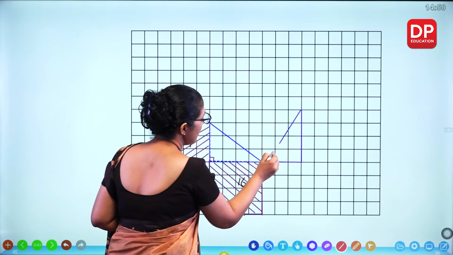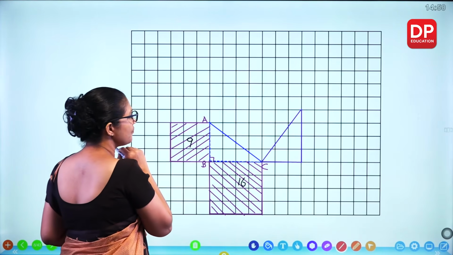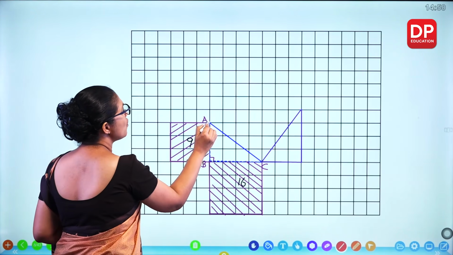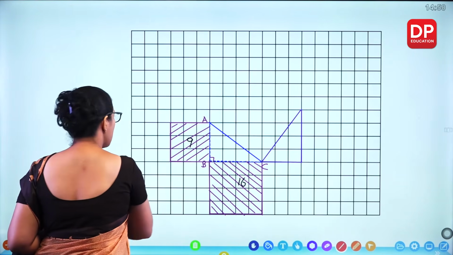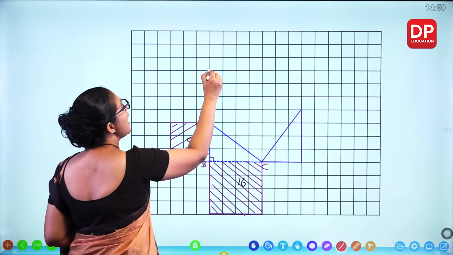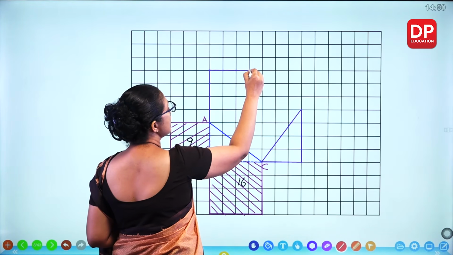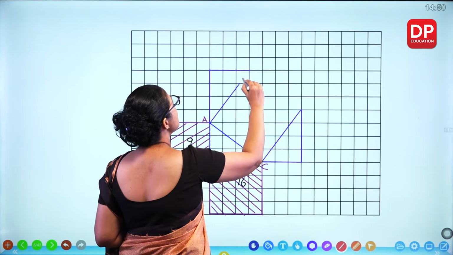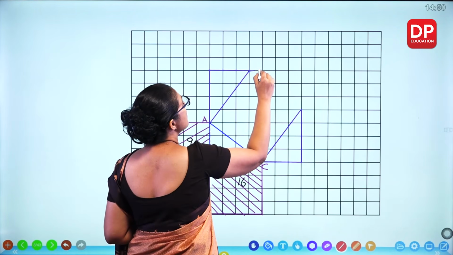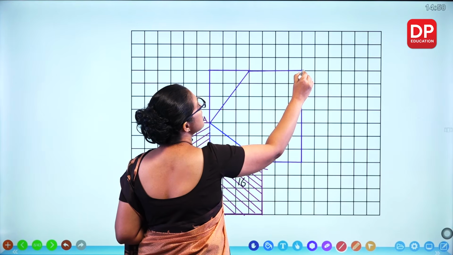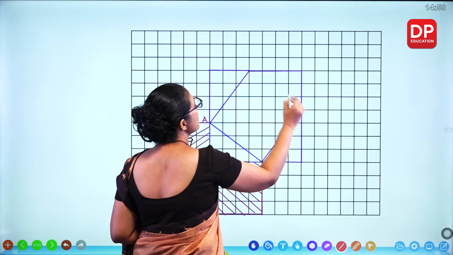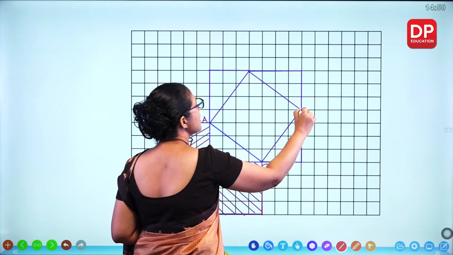And draw this line. Here, 3 there, I'm going 4 squares up, 1, 2, 3, 4, and 3 squares here. Then connect here to here. Again I'm doing 4 squares to the right and 3 squares down. Here to here. Then I connect.